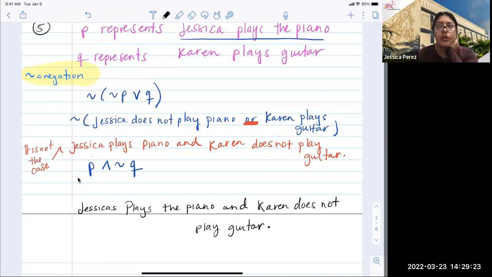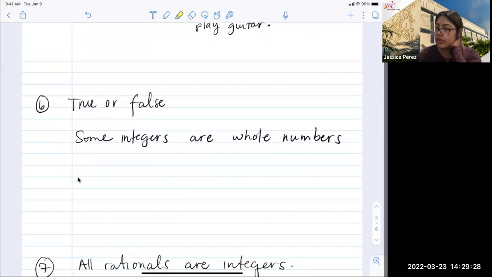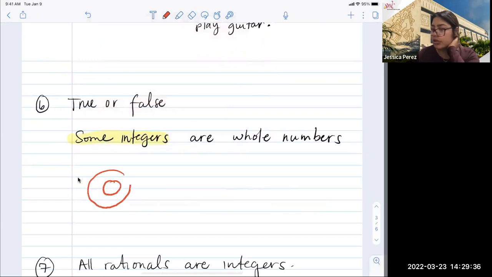So then let's go over the next one. True or false? Some integers are whole numbers. So first of all, what are integers? Remember, we have our whole numbers and then we have our integers. So some integers are whole numbers. This is true. Not all. I'm not saying all integers.